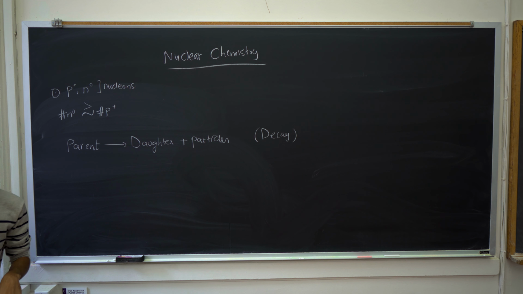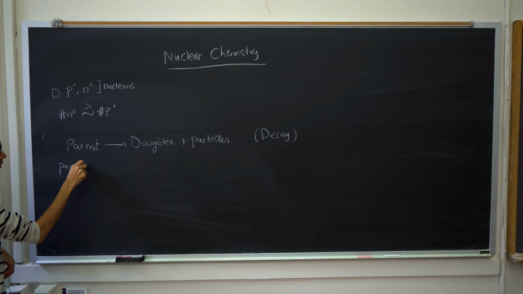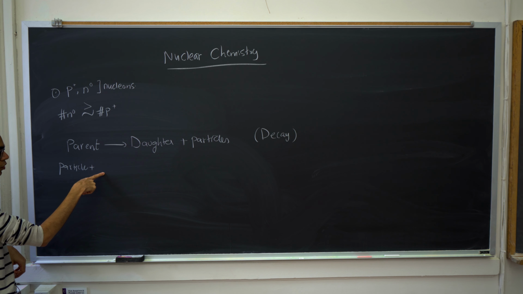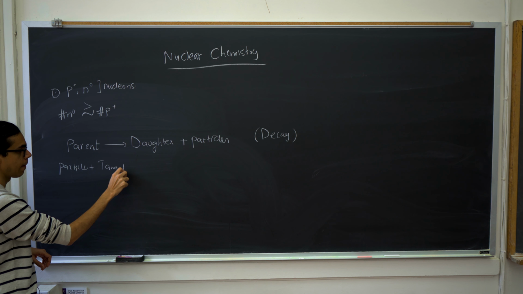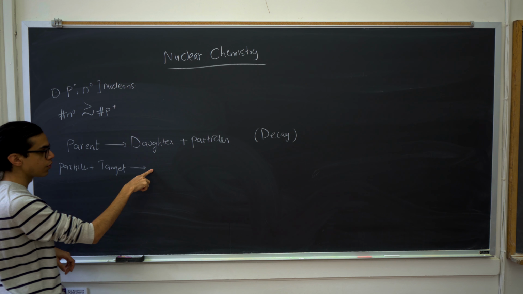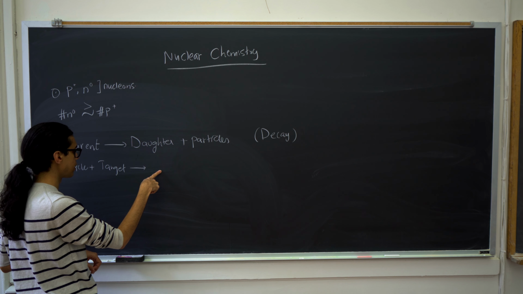The opposite is absorption or fusion, where the opposite happens. You have a small particle that gets absorbed into some kind of a target nucleus to give a new nucleus.